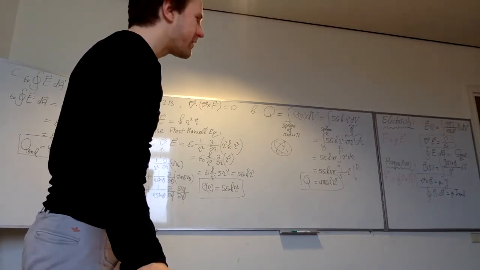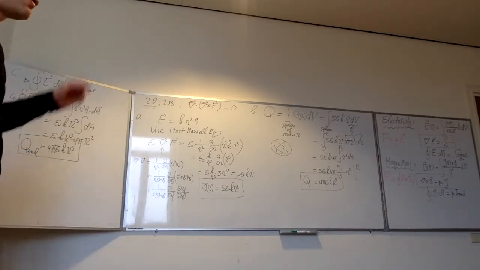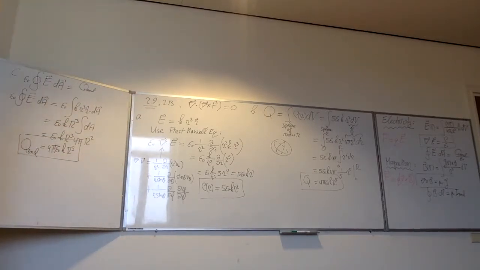What do you think is the best take-home message for this exercise? It's not so much the actual formula that comes out, right? But suppose you encounter the next exercise about electric fields. Something you pick up from this exercise that might be useful? The moral of the story, maybe?